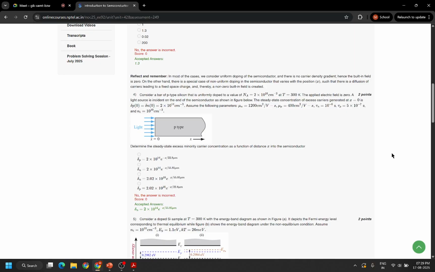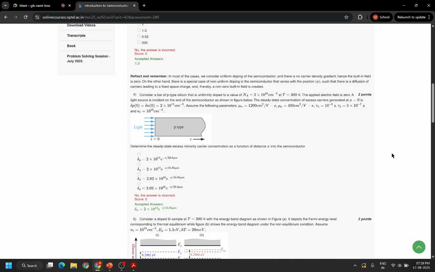The question is: consider a bar of p-type silicon that is uniformly doped to a value of Na equals 2 times 10 to the power 16 at T equals 300 K. The applied electric field is 0. A light source is incident at the end of the semiconductor as shown in the figure below. The steady state concentration of excess carriers generated at x equals 0 is delta p of 0 equals delta n of 0 equals 2 times 10 to the power 14 per centimeter cube.